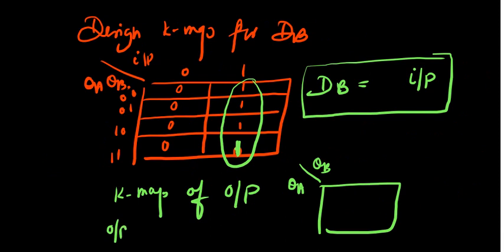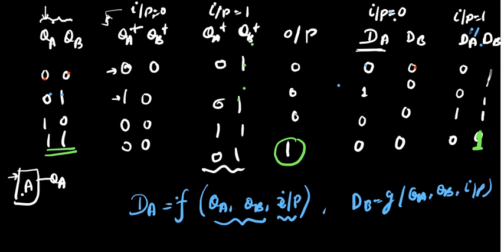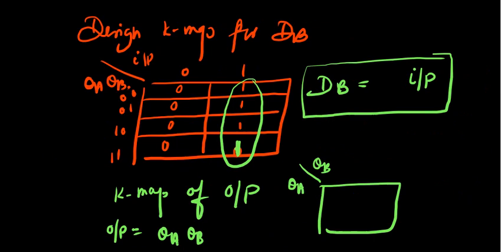So output is QA, QB. Since it's a Moore machine, the output does not depend on the input. So we have to just write output as a function of QA, QB. Output is QA, QB. Next, how will you design the circuit?